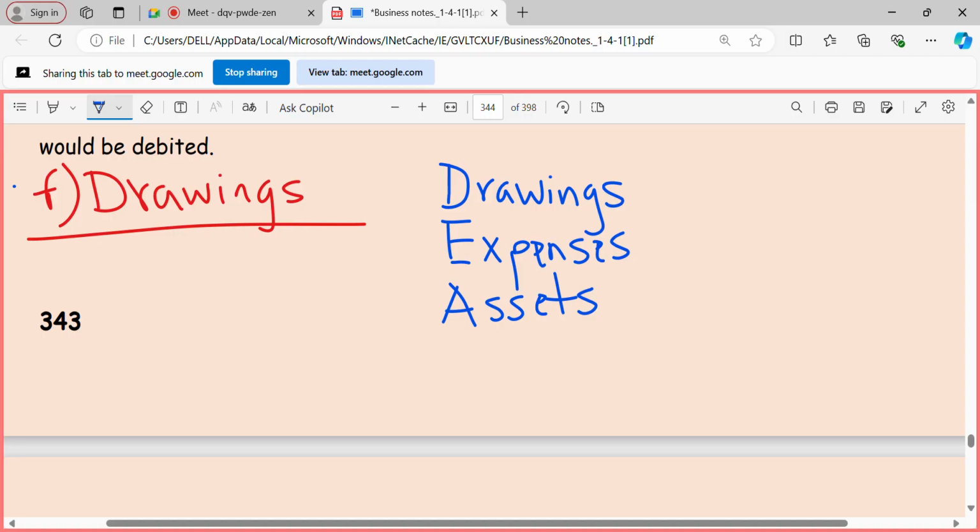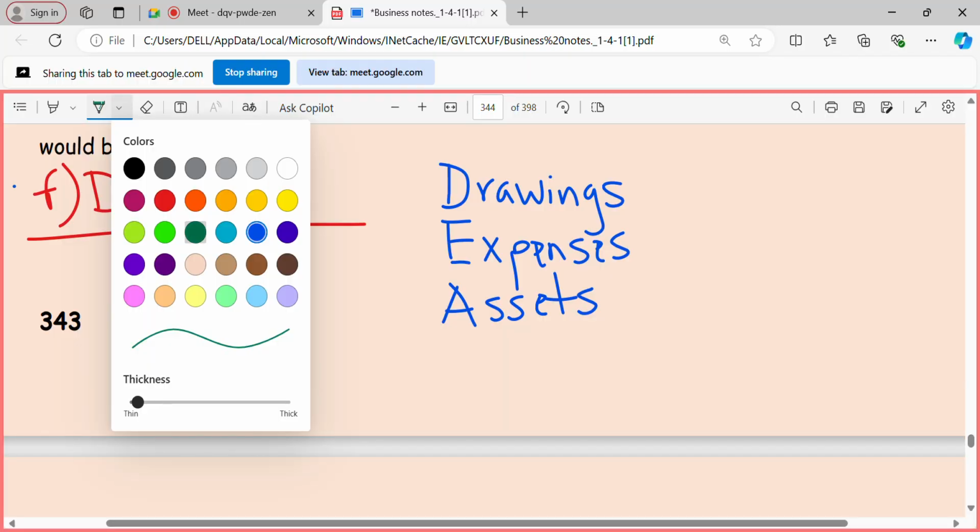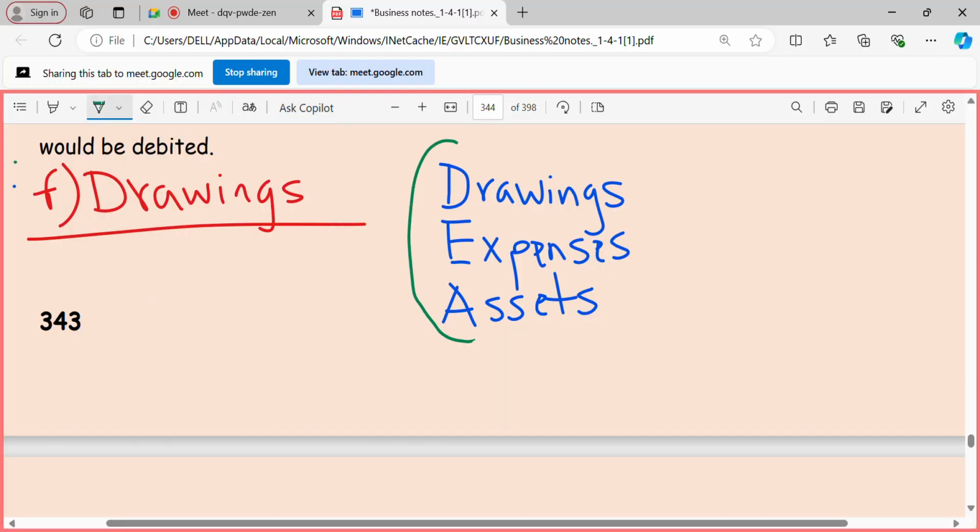So the first one is the DEA, where D is for drawings, E for expenses, A for assets. So drawings, expenses, and assets. The DEA will assist you to master it.